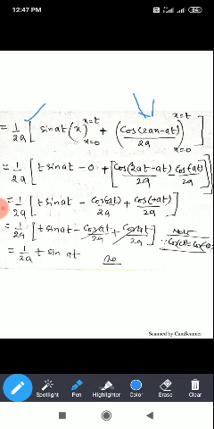In a simple manner, we put the upper limit, then the lower limit. The first term is t sin at minus 0, and the second term is cos(2at − at) upon 2a, which means cos at upon 2a, minus cos(−at) upon 2a.